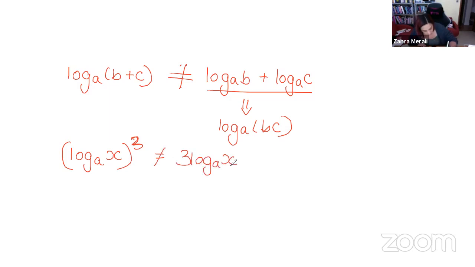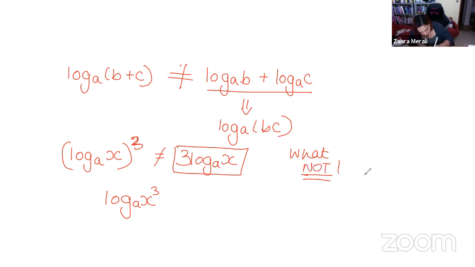Okay, so that's not the same, because this would be the same as saying log a of x cubed, not the whole thing cubed. Okay, so that's really important. It's just that x cubed, or just that number cubed. So this is just what not to do. And it's really super common mistakes which lots of students do, kind of like cancelling things out in fractions when you can't. Right, so that's your basic laws.